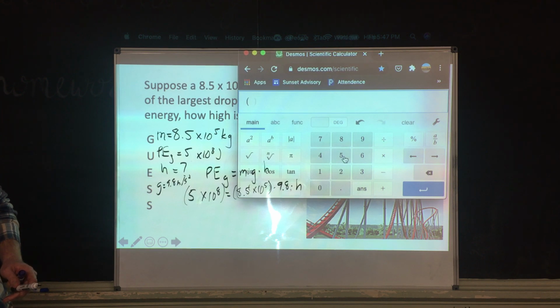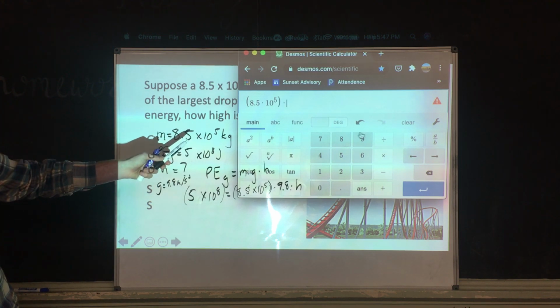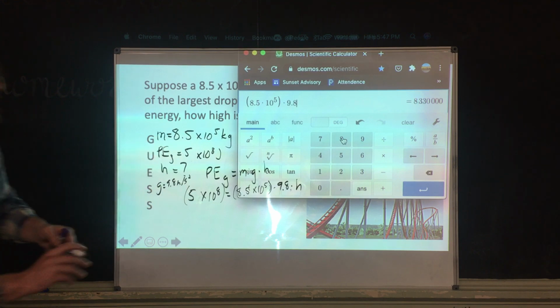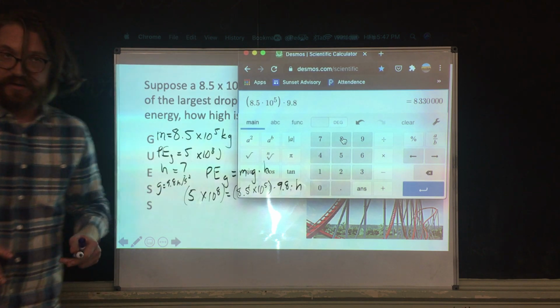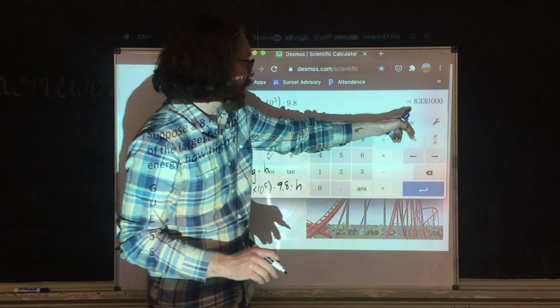This is why it's good to practice using this calculator, so you can know how it works. Sometimes you've got to start over, and that's okay. So the 5th, we move the cursor forward to bring it down and close that parentheses, and we're going to multiply that by 9.8. Remember, whenever you have scientific notation, always put it in parentheses.